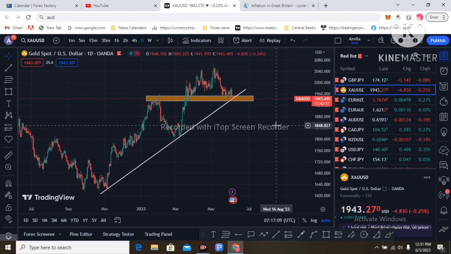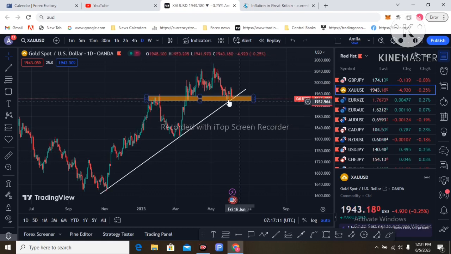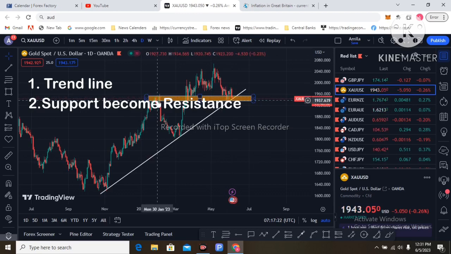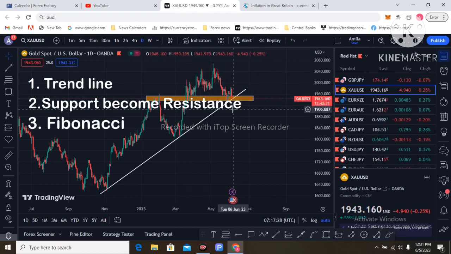I have mentioned 3 reasons to buy gold in this area with technical analysis. First is the trend line, price is at a strong trend line. Second is the left side resistance becoming support here, simple technical theory. And the third reason is the Fibonacci retracement 0.5 level is in price.